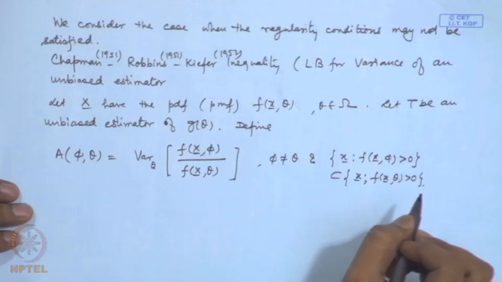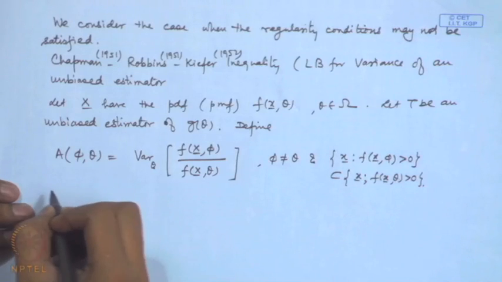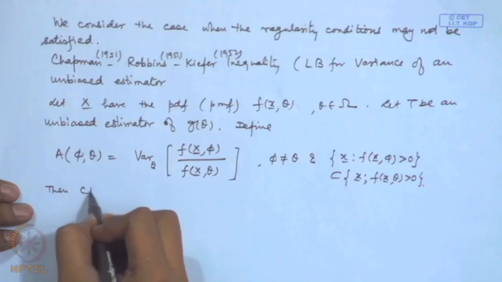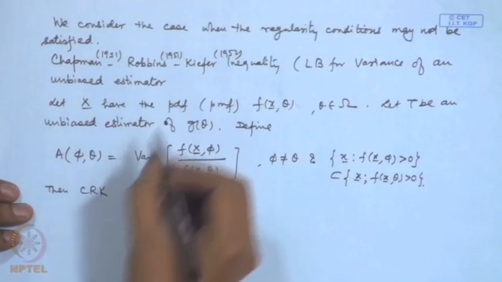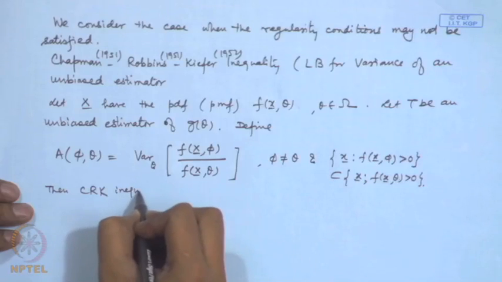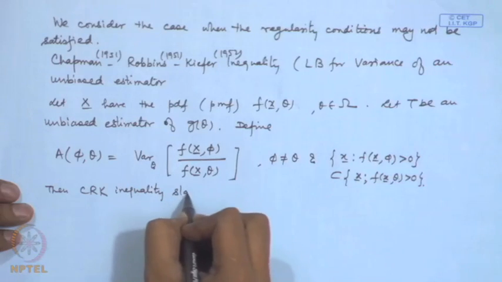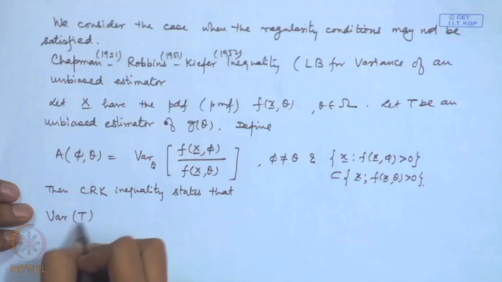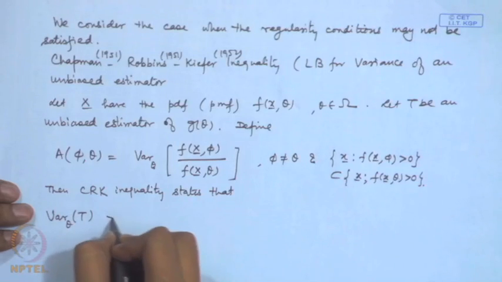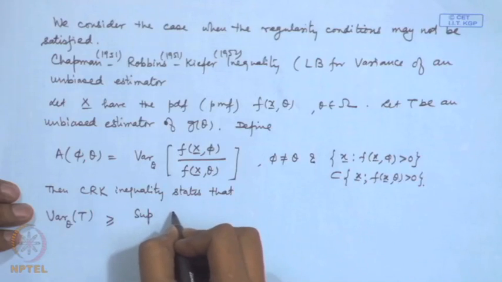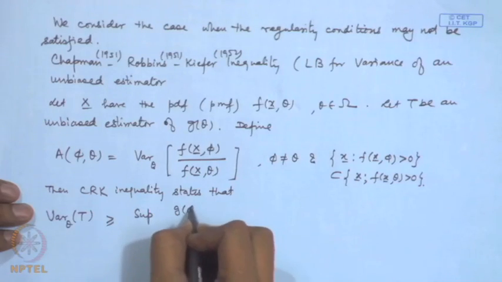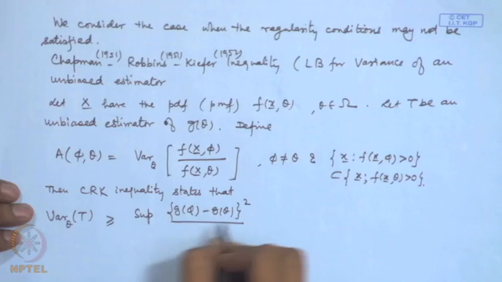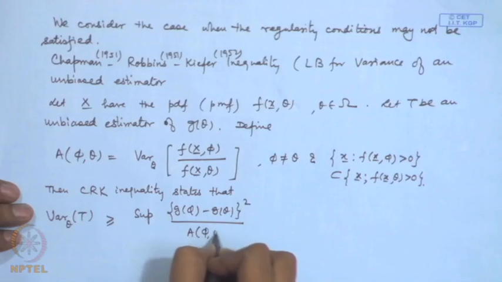Now, the CRK inequality, that is Chapman-Robbins Kiefer inequality, states that variance of t is greater than or equal to supremum of g phi minus g theta whole square divided by A phi theta.